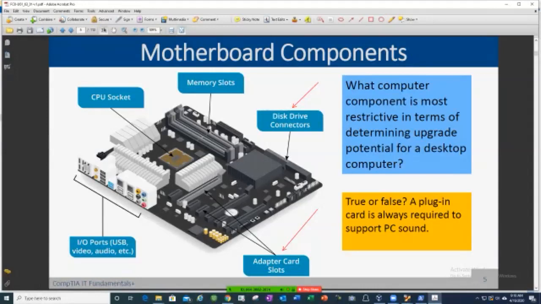Let's say you cannot buy the most expensive CPU at this moment, but you buy a motherboard that supports one of the more expensive ones, and then you can upgrade later. But if the motherboard doesn't support the kind of CPU that you want or the memory, then you're done. You're going to have to buy a new motherboard if you want to upgrade to a faster CPU that your motherboard does not support.